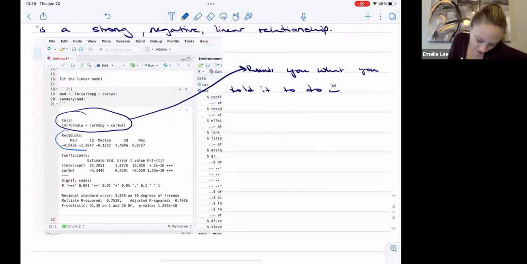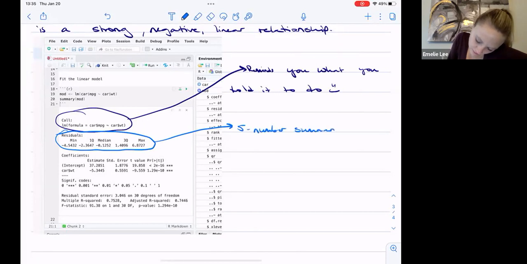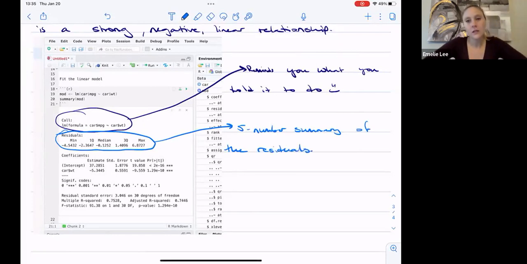Now the residuals, this is a 5-number summary of the residuals. The residuals should be centered on 0 and be relatively normal. But this is a good kind of check-in point.